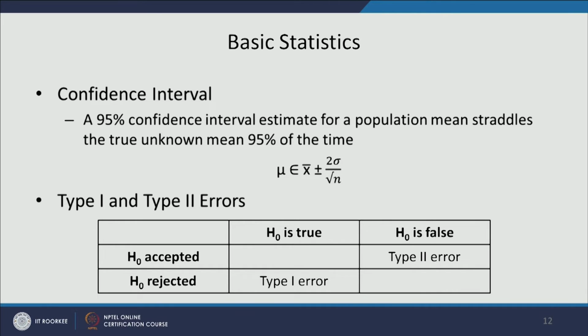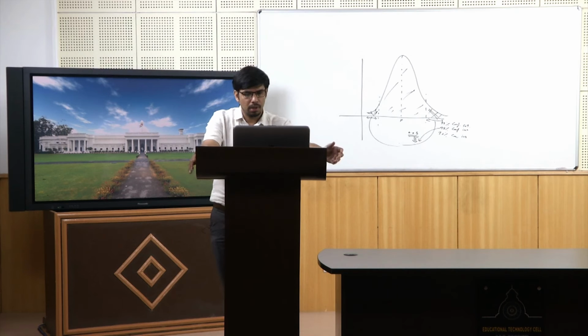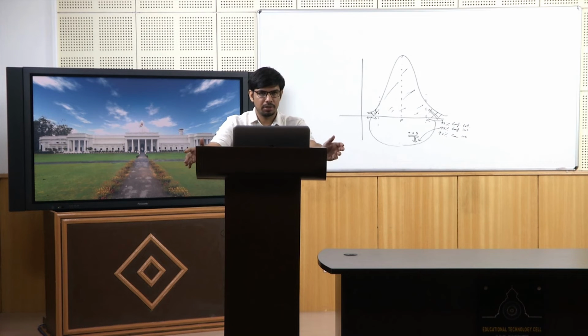The same thing can be expressed in this form: mu belongs to the range x bar plus or minus twice sigma divided by square root of n. Using this formula, the range can be computed, and the population mean will straddle this range 95% of the time. If it is a 99% confidence interval, then 99% of the time it will straddle that range, and similarly for 90%.